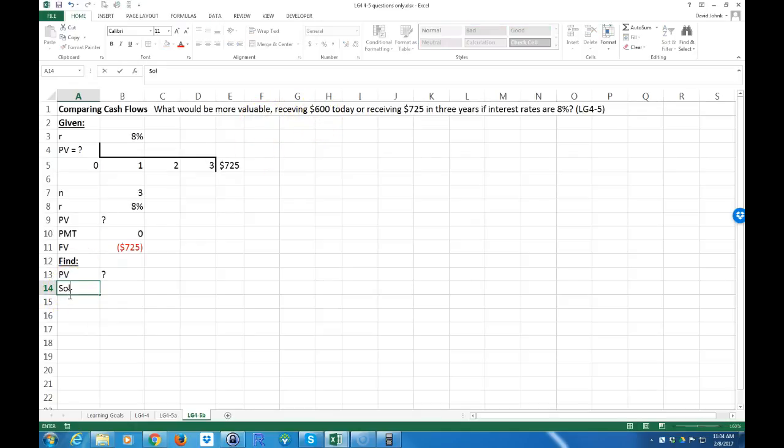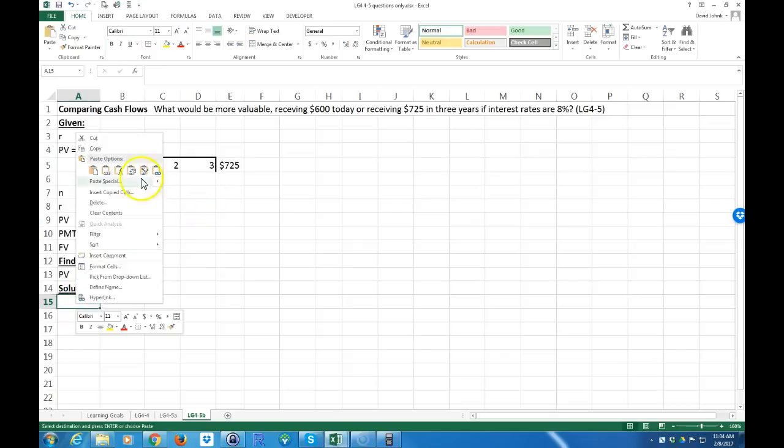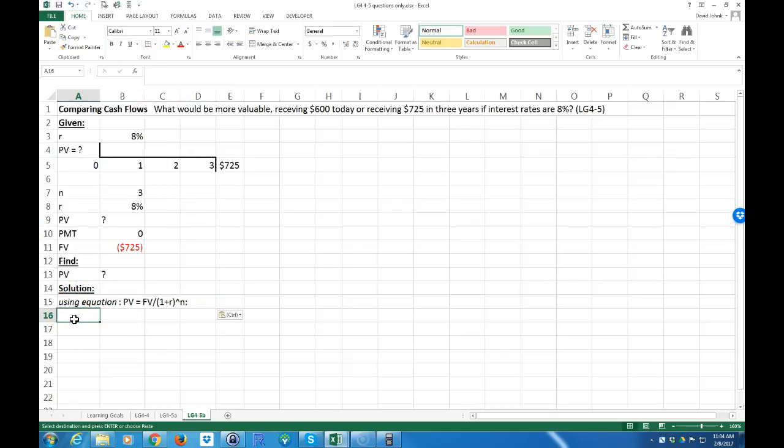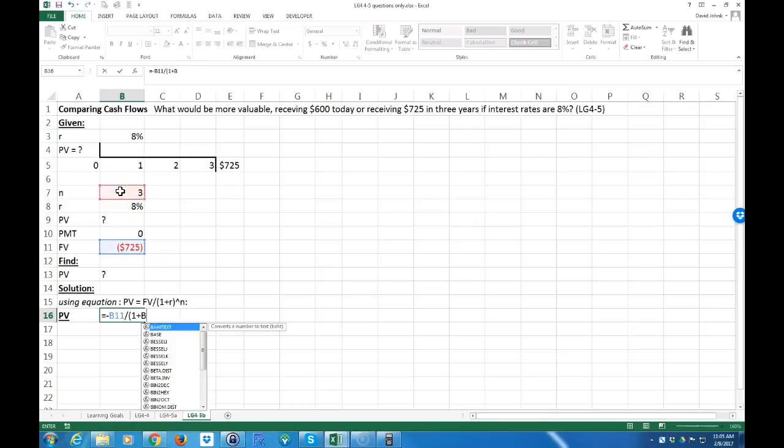All right, so for a solution, using the equation, we say the present value equals the future value, or negative this, because we make that positive, divided by 1 plus R to the n of 3.